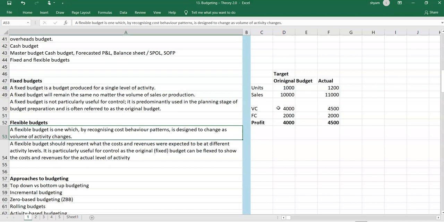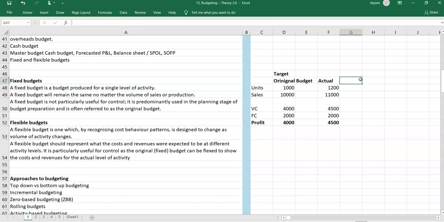So what they are meaning here is we cannot compare the original and actual directly. Why? Because we thought of selling 1,000 units, and we have sold 1,200. Some of these costs are variable and some of them are fixed. For example, sales value is variable: the more items you sell, the different the price can be.